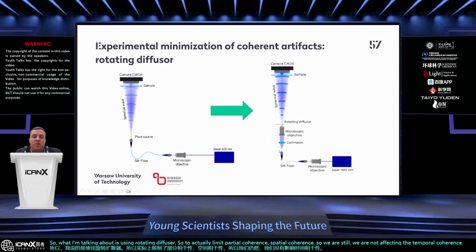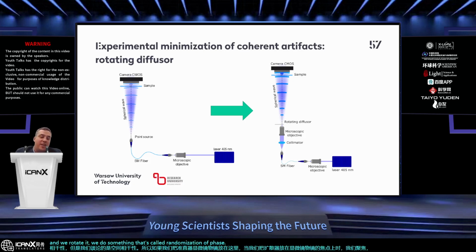So if we put here the collimator microscope objective, and we put a diffuser in the focal spot of this microscope objective and rotate it, we do something called randomization of phase. And if everything is well aligned, the phase is randomized, and all the speckles that are generated are actually averaged out physically.